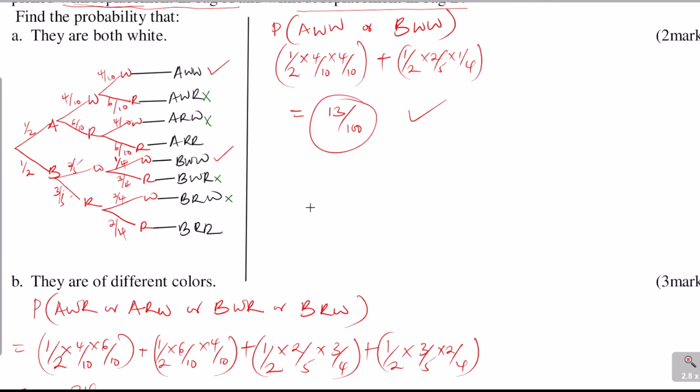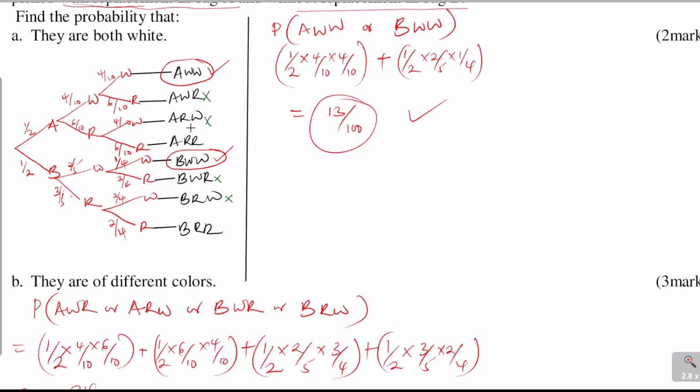Let me see. Actually, when you look at this tree diagram, the only instance where we don't have at least one red is only these: A, white, white, and B, white, white. All the others, apart from the ones that I've circled, there's a place where you have one red or two reds.